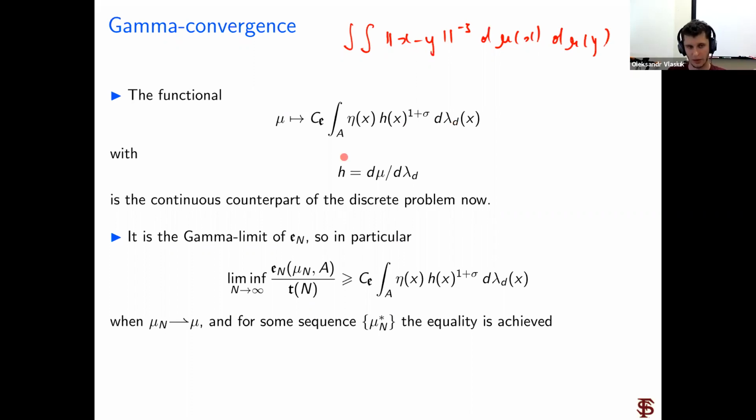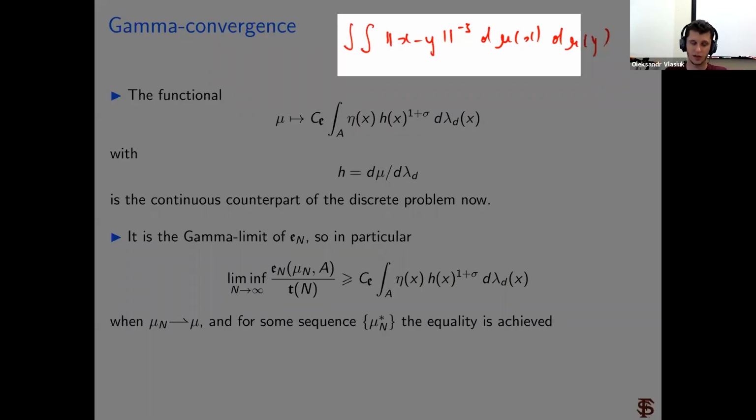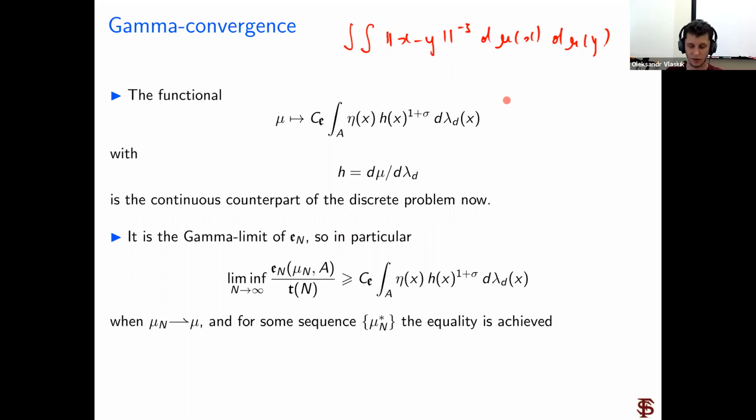So you now have a functional which doesn't compute a double integral with respect to it, but the functional takes a measure and it evaluates this thing. So if you have weight, you have to multiply things by weight. You just compute the density with respect to Lebesgue measure, and you evaluate this integral. Okay, so this is the continuous analog to the discrete problem, in the same way that this integral is to the double sum in the long range case, in the integral case.